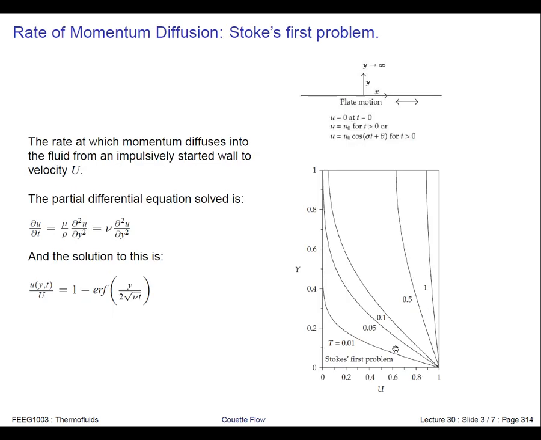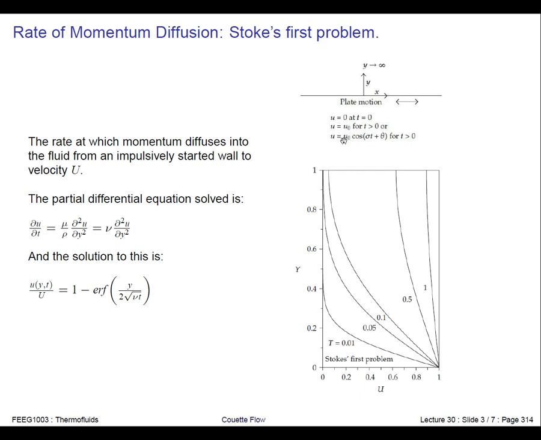Okay, so to look at the rate at which momentum can diffuse from a wall, we can solve something called Stokes's first problem, and effectively this is the governing equation. This symbol here is the kinematic viscosity, viscosity divided by density, and the problem is a plane wall, and the fluid above it is stationary, and at time t0 the velocity of the wall is 0.